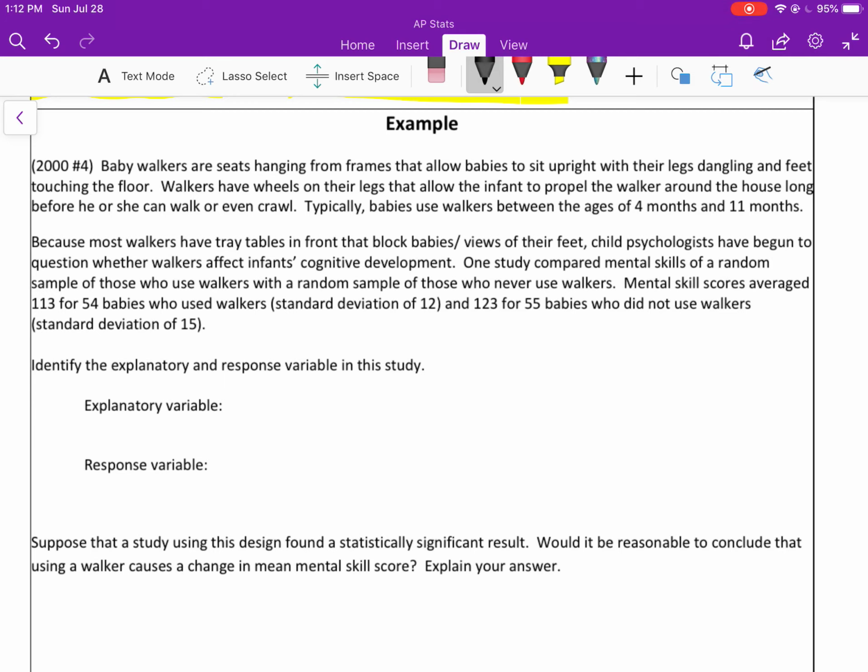Baby walkers are seats hanging from frames that allow babies to sit upright with their legs dangling and feet touching the floor. Walkers have wheels on their legs that allow the infant to propel the walker around the house long before he or she can walk or even crawl. Typically, babies use walkers between the ages of 4 months and 11 months.